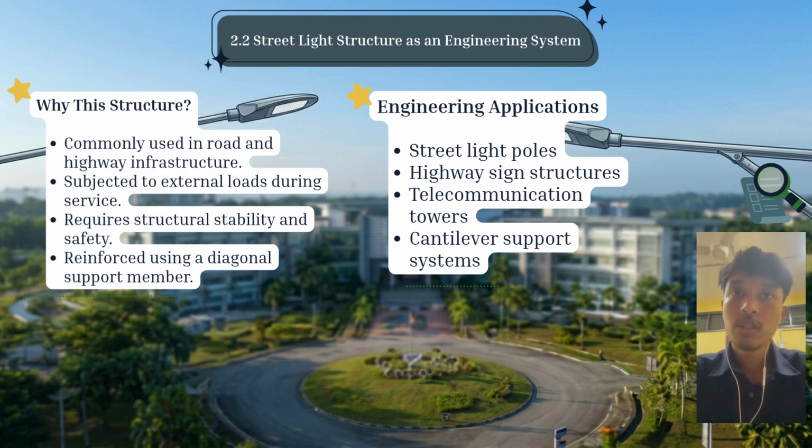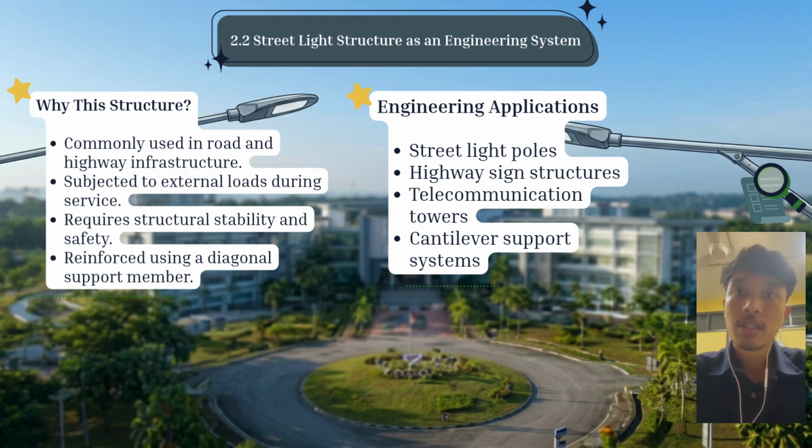For 2.2 application in straight-line structures, the selected case study is a straight-line support structure. Although it appears simple, it represents a real engineering application that can be analyzed using statics principles. Straight-line structures must remain stable while supporting external loads.